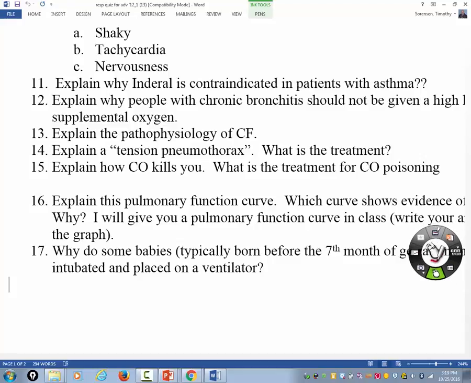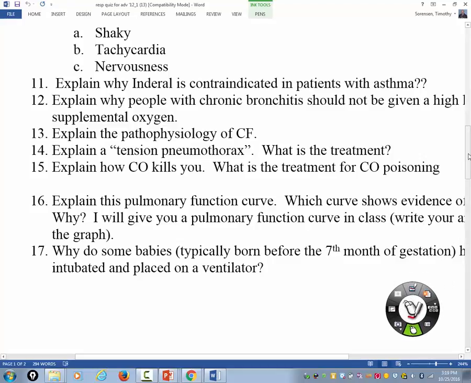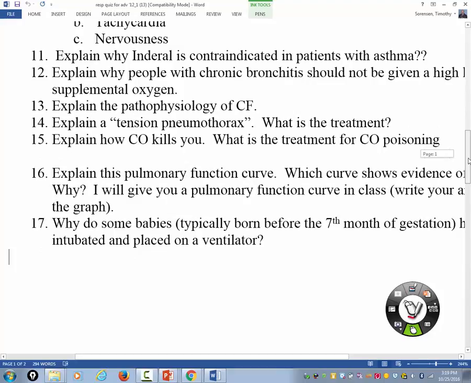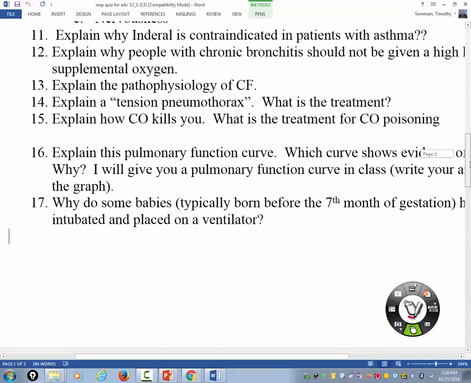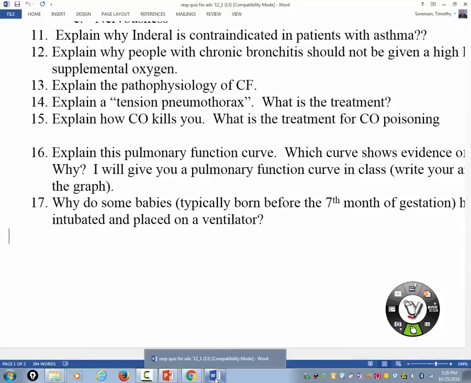Yeah, that's surfactant. It's made by type 2 alveolar cells in the alveoli. And it's usually not significantly produced in large amounts until the 7th month. But there's a synthetic surfactant that they can give the mother if they know the baby's going to be premature.